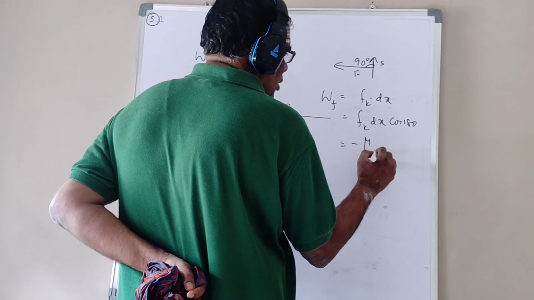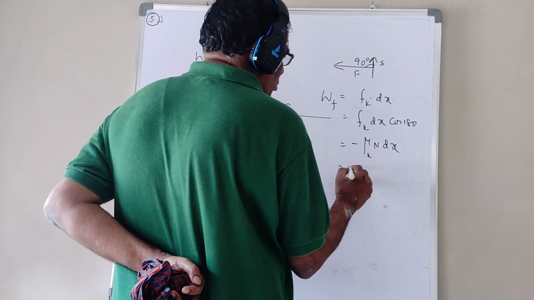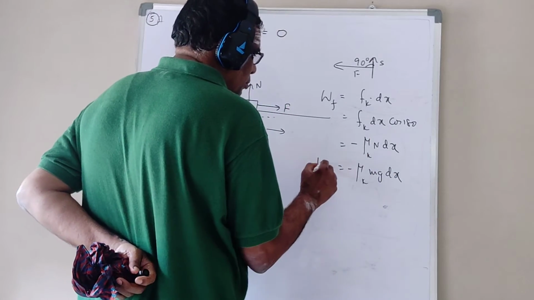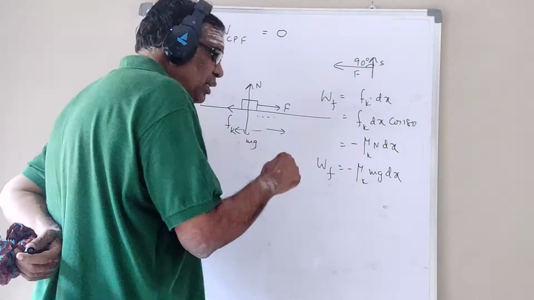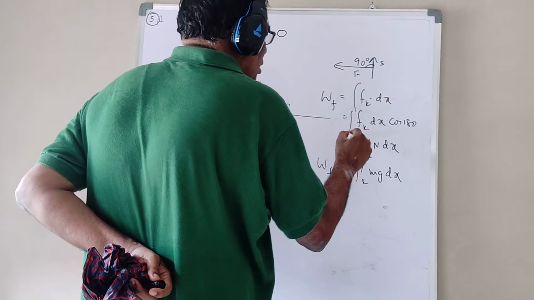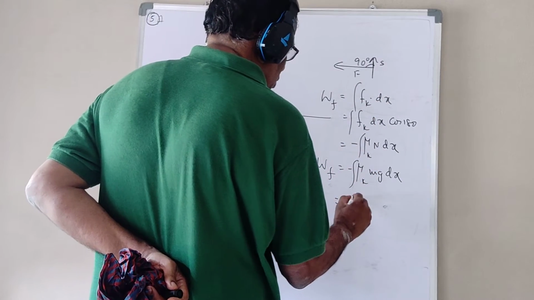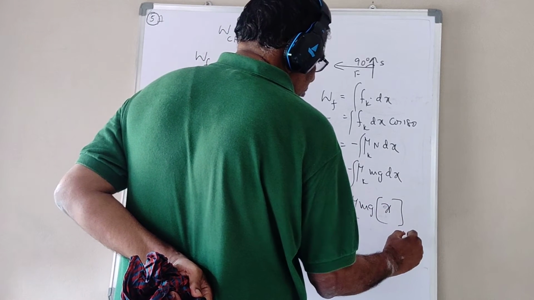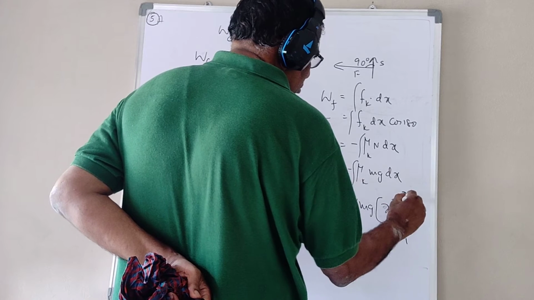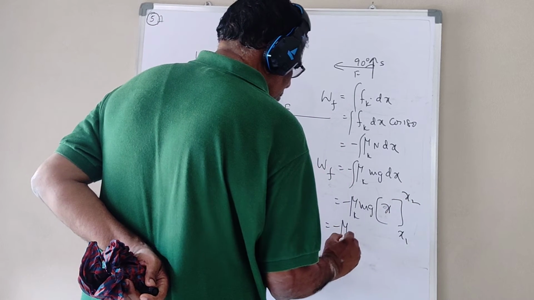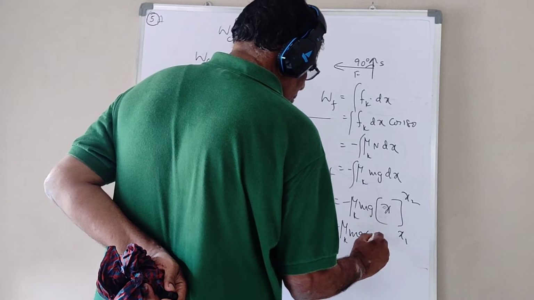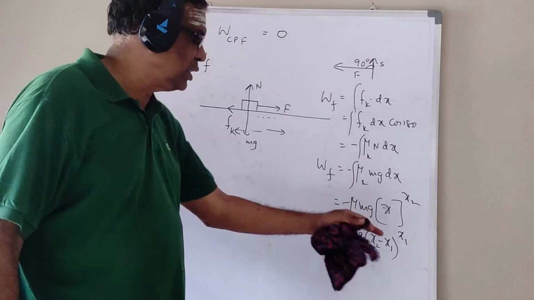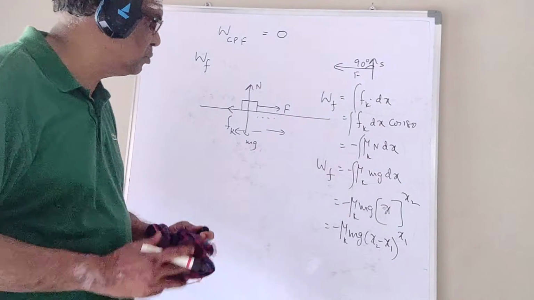What is Fk? mu k N dx. What is N? mg dx. That is all the work done by friction. So if you take from 0 to x, it becomes minus mu mgx.